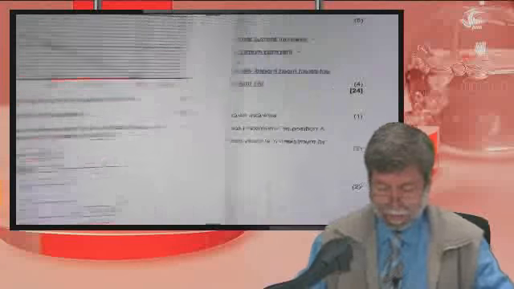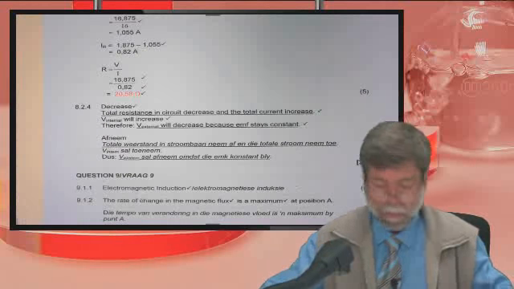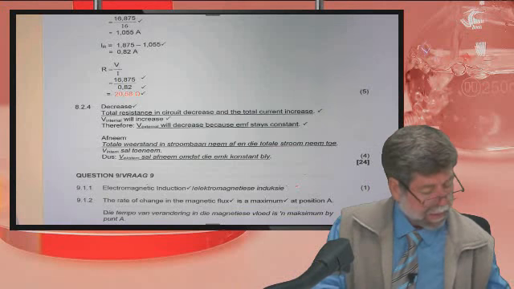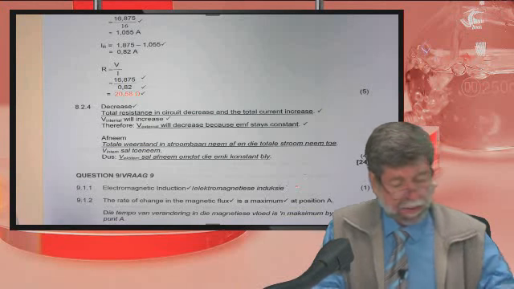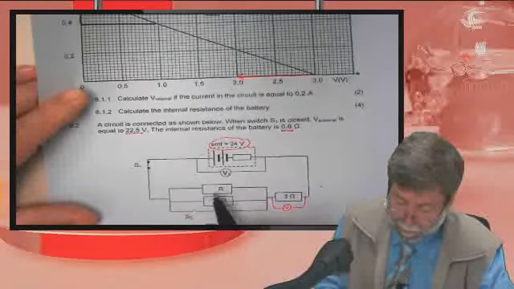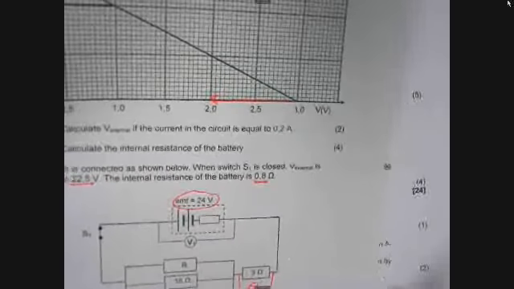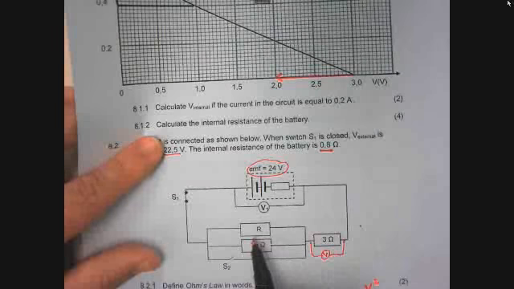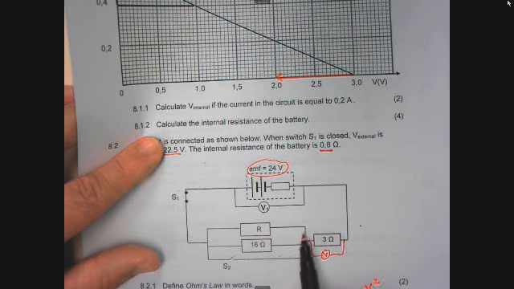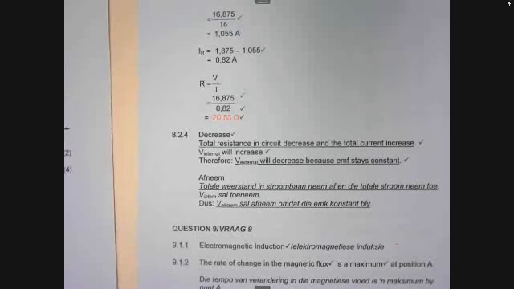Moving to the next question, and that is now to calculate the value of R, to calculate this unknown resistance. You will see that to calculate the resistance of R, you need the current flowing through R. Now at this stage, you have already calculated in the previous question the total current.